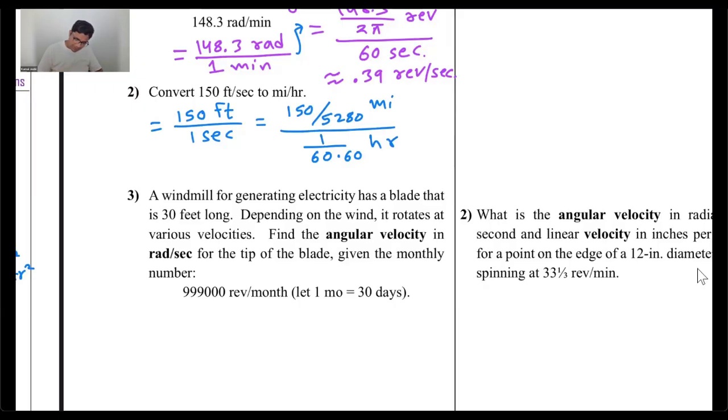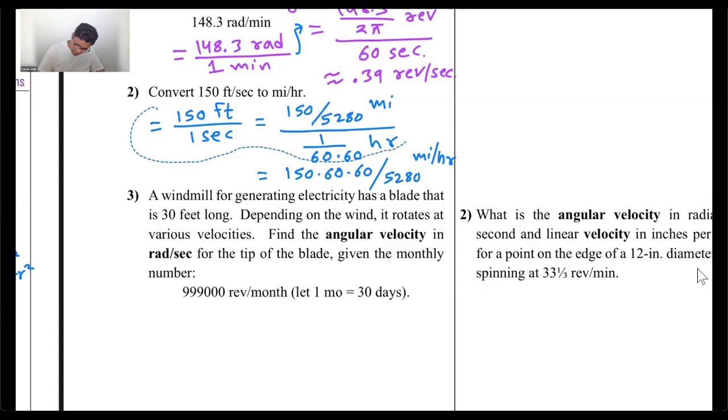Here a little bit of calculation technique will help you. The 60 times 60 will flip over and get multiplied. So 150 times 60 times 60 divided by 5280 miles per hour. That will be your answer.